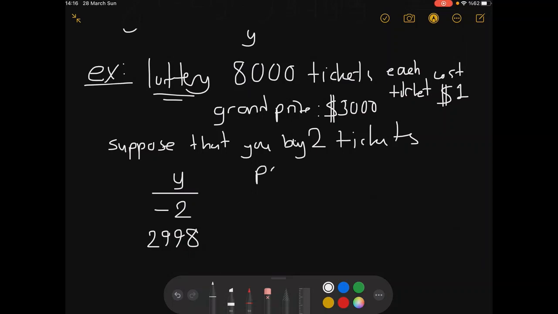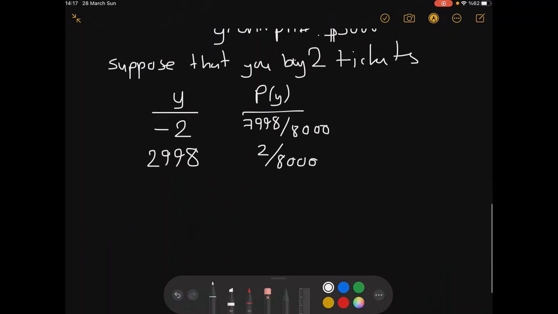And what are the probabilities for this one? Let's say that it's a fair lottery, so with this much probability you will lose $2, and with this much probability you will gain $2,998.